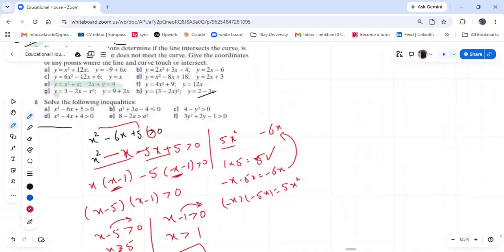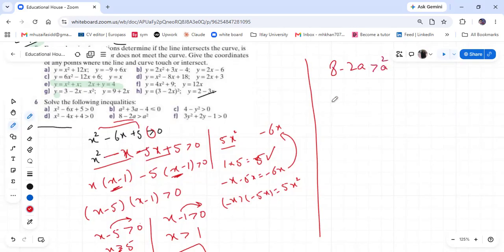Okay, from the sixth part, these are the same, but I am moving to the E part of this one. This is 8 − 2a is greater than or equal to a². And look at it here.